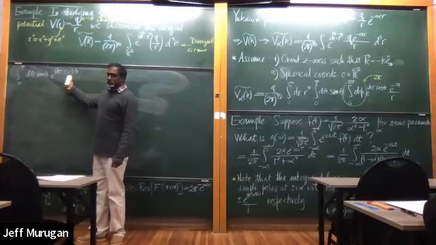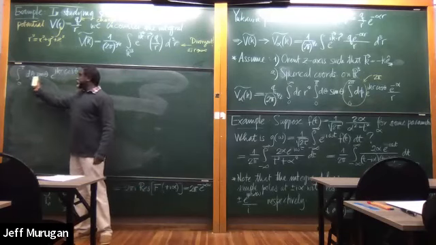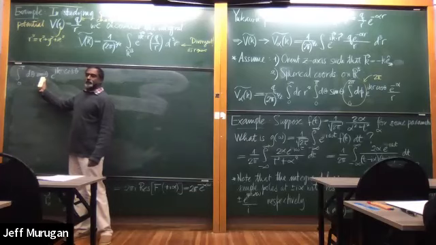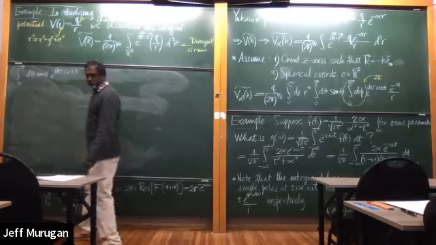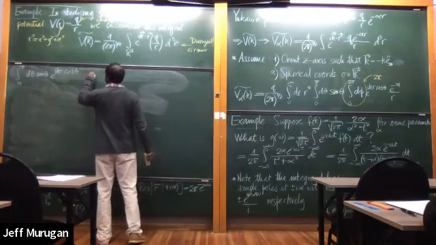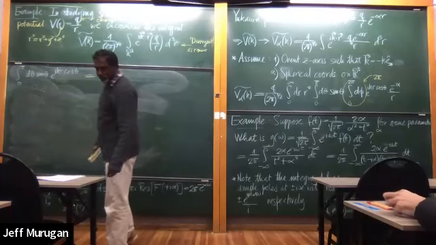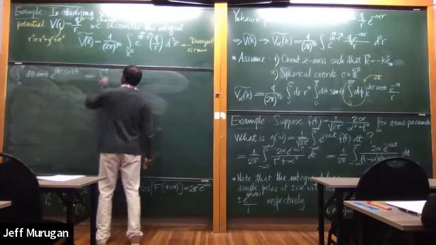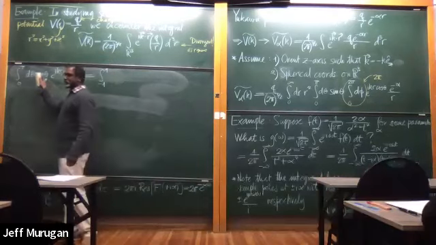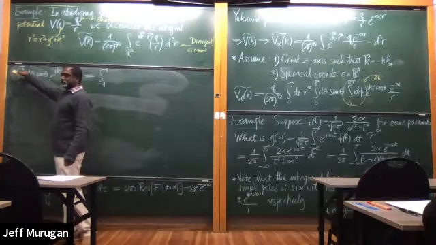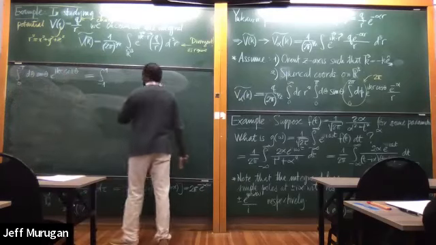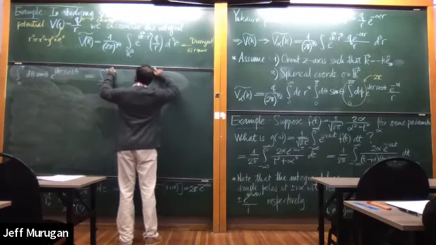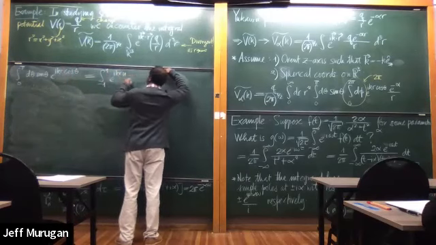If I take the variable cos theta, then d theta sine theta is nothing but minus d of cos theta. So this just becomes the integral from -1 to 1, where the minus sign comes from here, since cos of 0 is 1 and cos of pi is -1, of e to the i k r u du.